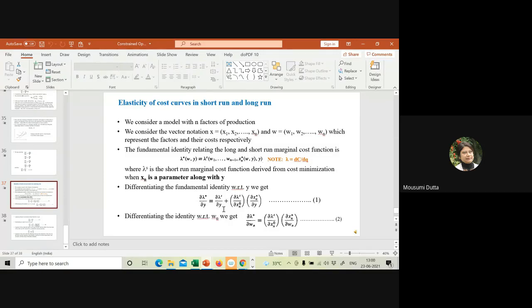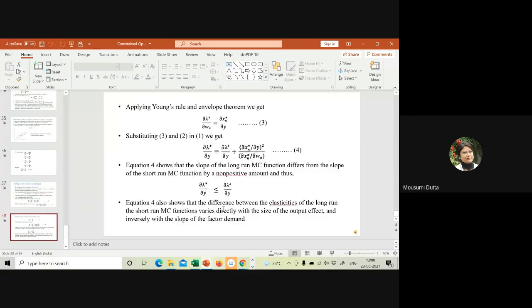Then please write down the second equation. I hope all of you could write it. Then write down the third equation: del lambda star by del Wn is equivalent to del xn star by del y. Substitute 3 in 2.